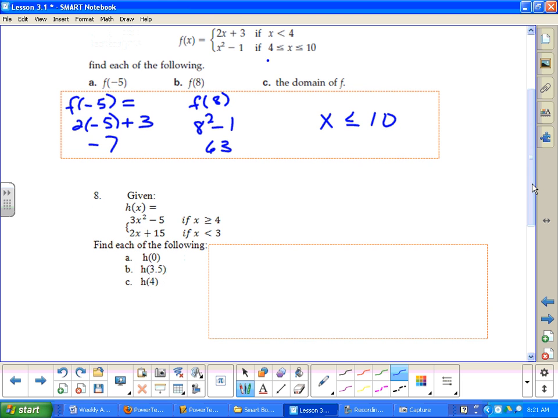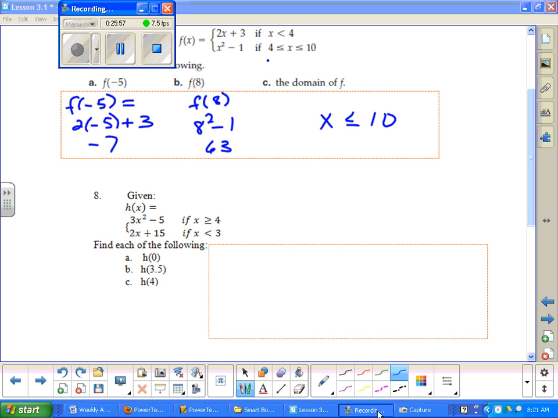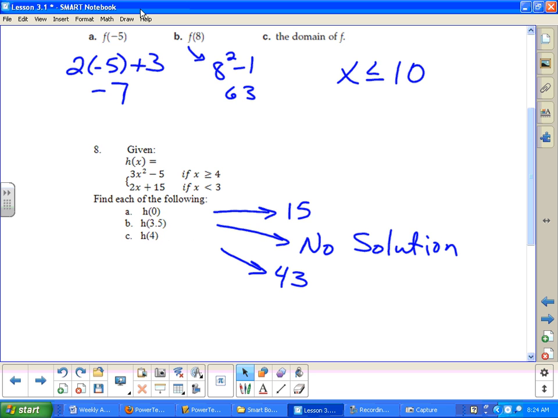Okay, so you do number 8 on your handout. All right, so we put 0 in. 0 is less than 3, so we would just use the 2x plus 15 for that one and get 15. 3.5 is not less than 3 or greater than or equal to 4, so there's no solution for that one because it doesn't fall in either of those areas.